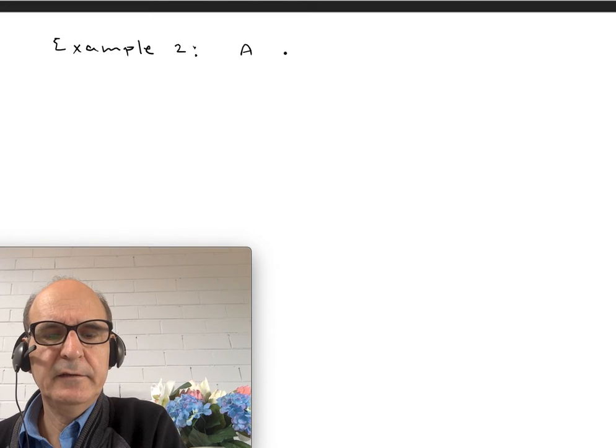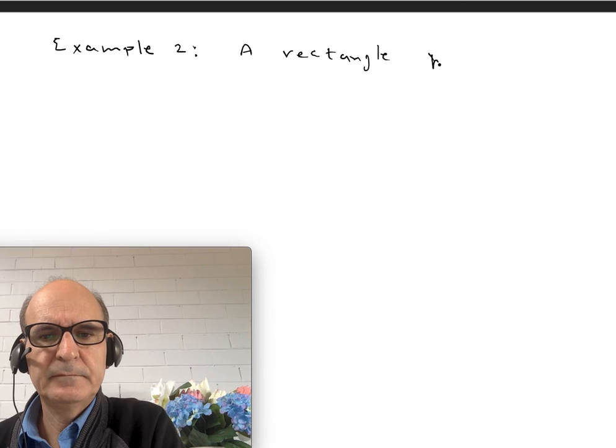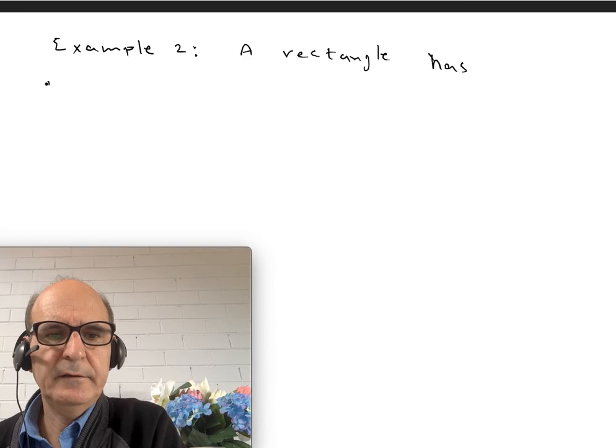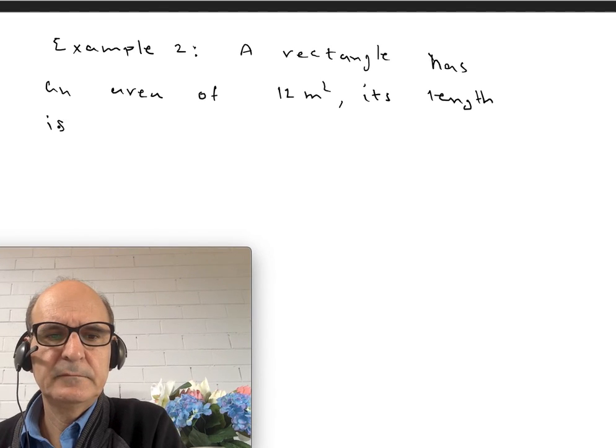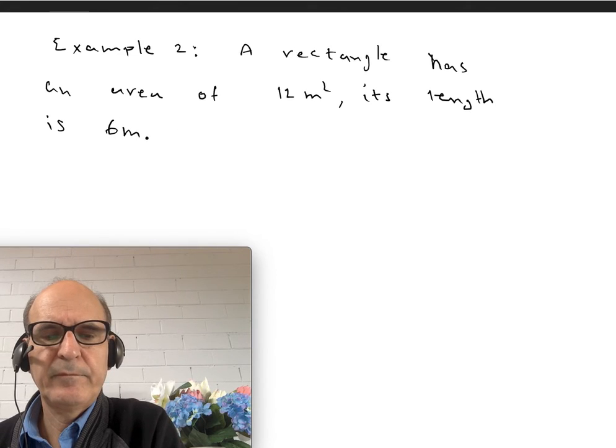A rectangle has an area of 12 square meters, its length is 6 meters. Find its width.